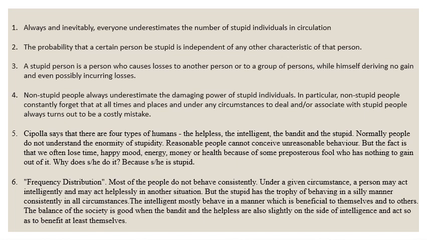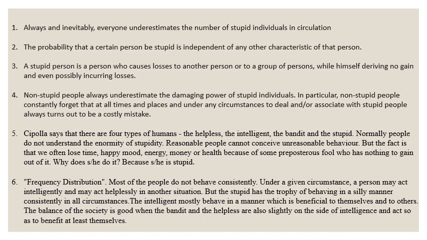I'm not going to be giving you the spoilers, but I'm going to be talking a little bit about what exactly the book talks about and how the author has presented it in the form of laws, right? So, obviously, the very first law says that always and inevitably everyone underestimates the number of stupid individuals in circulation.